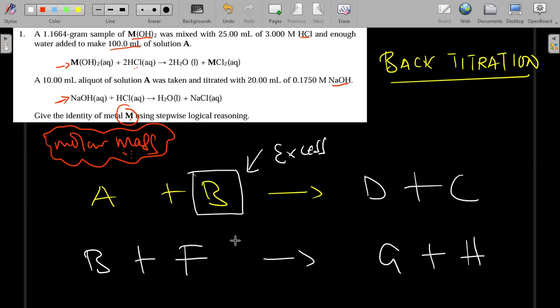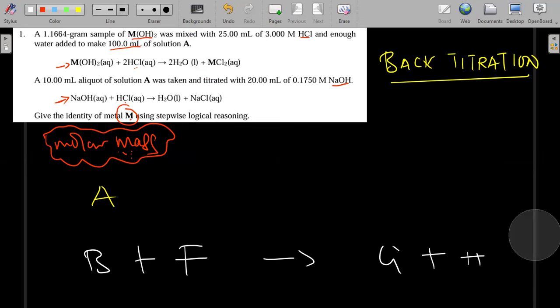You are given two reactants, one of them should be in excess. After the first reaction, some of that reactant remains, and then the reactant that remains is reacted with another chemical to produce other products.